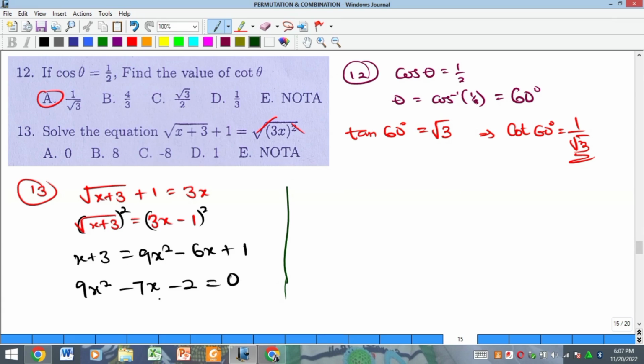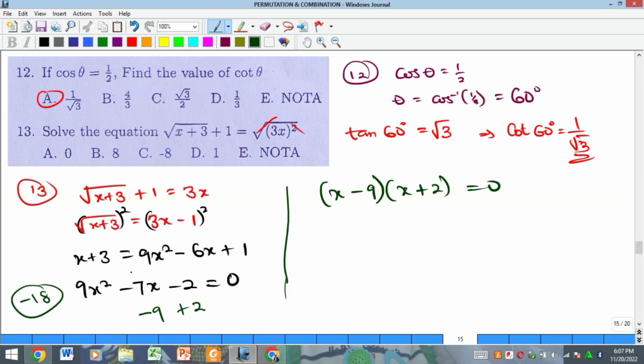If you multiply 9 and minus 2, you have minus 18. So what are the two factors of minus 18 that will sum to minus 7? And that is minus 9 and positive 2. So I will just come here, open my bracket, put minus 9, open another one, put positive 2, and that's equal to 0. But the coefficient here is not 1, so we pick that coefficient, use it to divide this number, use it to divide this.